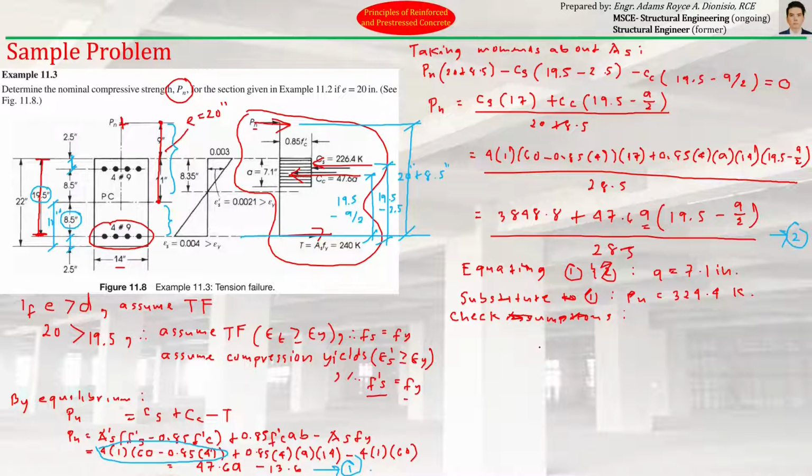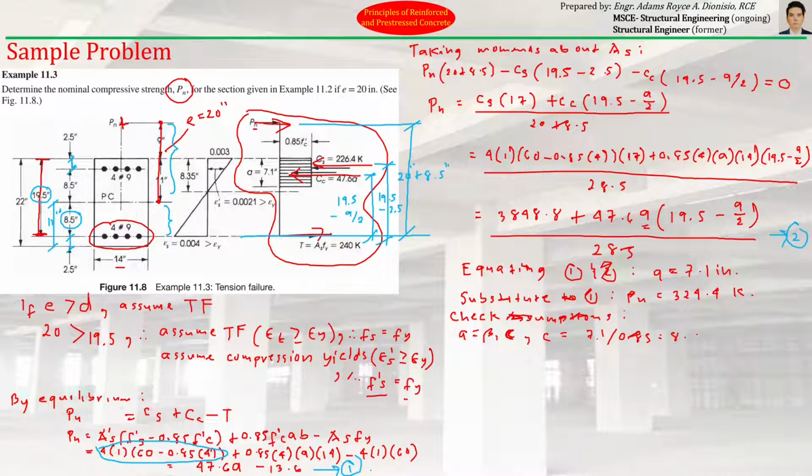We have to know first yung C. And since we know that A is equal to beta 1 C, therefore, C is equal to A, 7.1, divided by beta 1 na 0.85. 0.85 yung beta 1 natin. 7.1 divided by 0.85. So, ang C natin will be 8.35 inches.